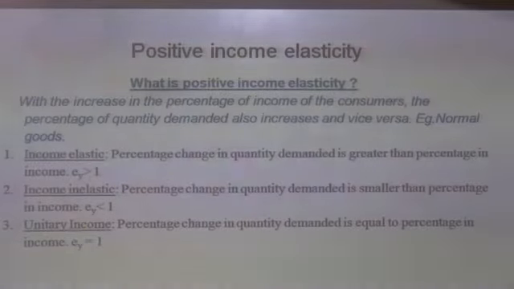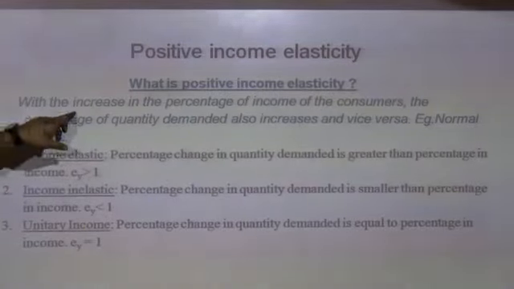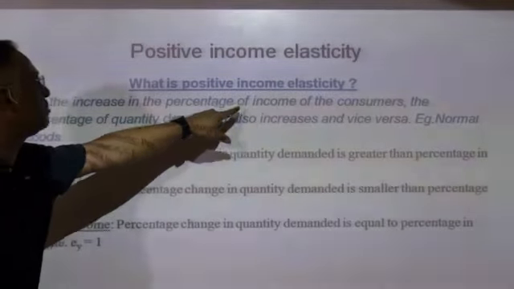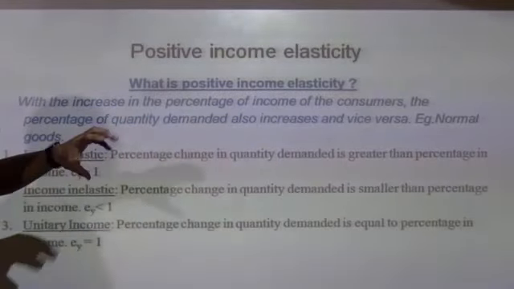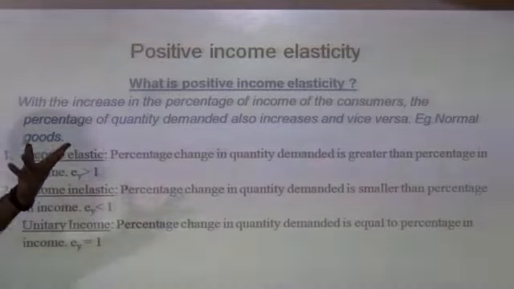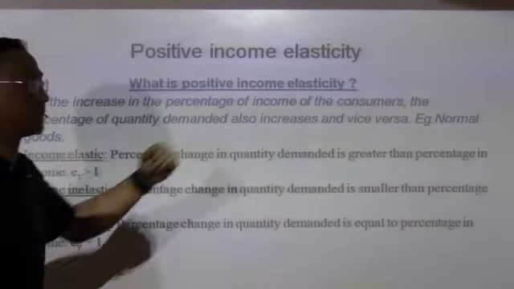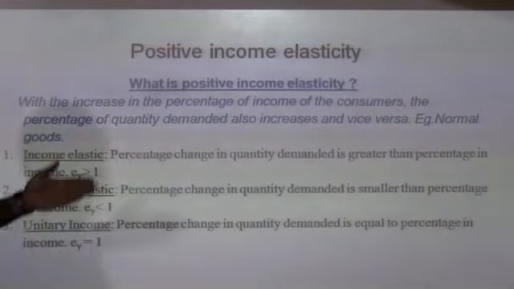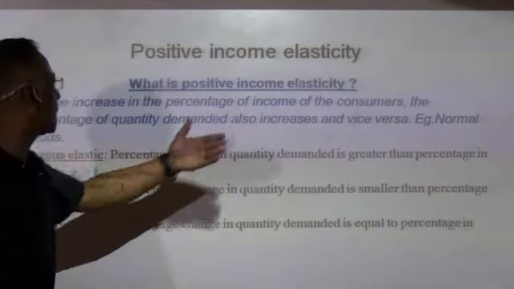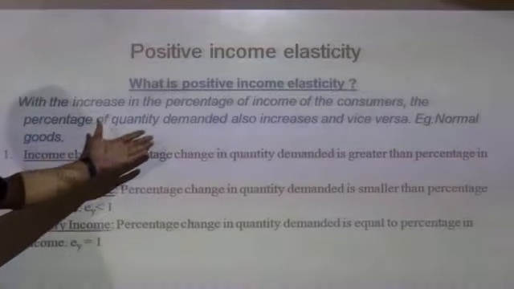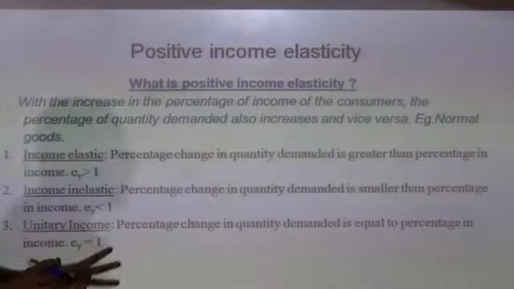So let's see what it is. With the increase in the percentage of income of the consumer, that means when the income of the consumer increases, the quantity demanded will also increase. Or if the income of the consumer decreases, the quantity demanded will also decrease. Same direction.